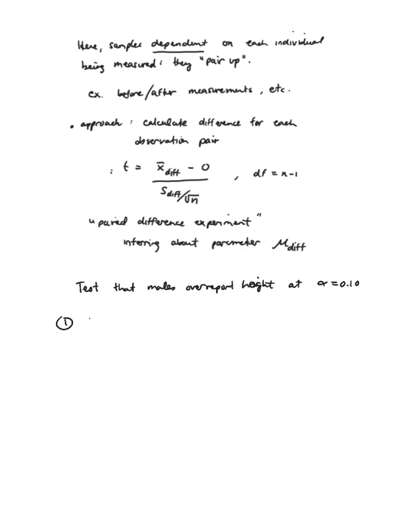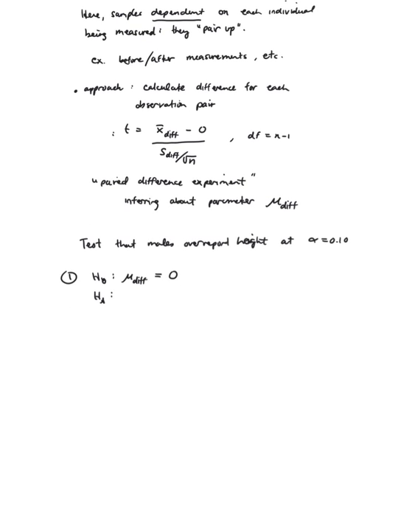Step 1. Set up your null and alternative hypotheses about mu diff, about the population difference. We assume it's 0 at the null, that things are the same, and mu diff, if males over-report, then that difference should be positive between what they report and what they measure. So that's going to be greater than 0. And so I look at this and I note that it's a one-tailed test.